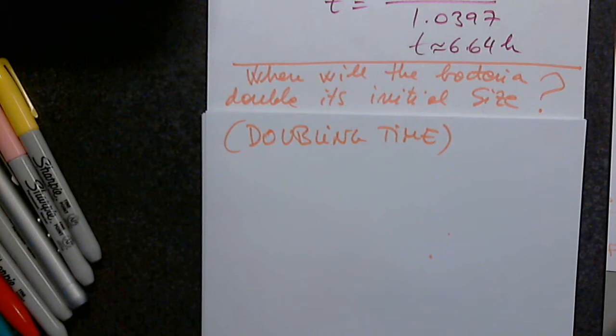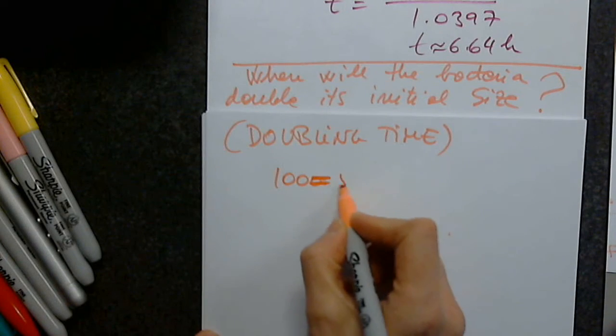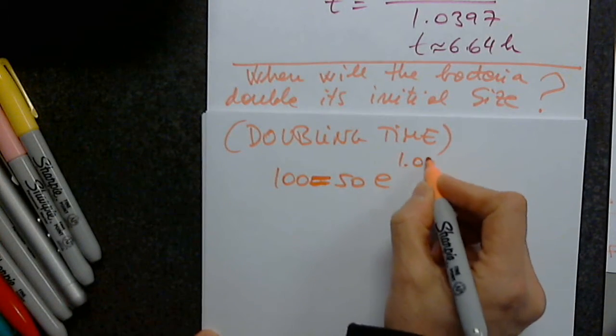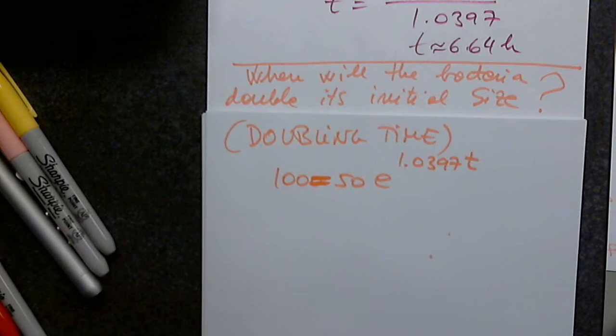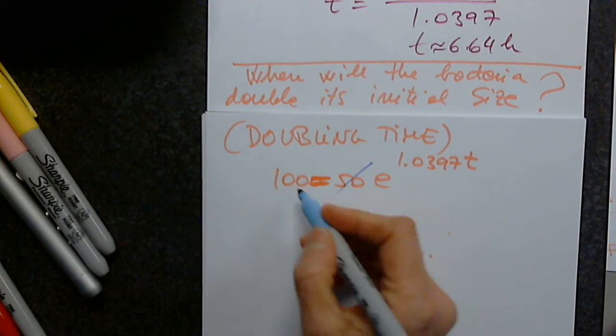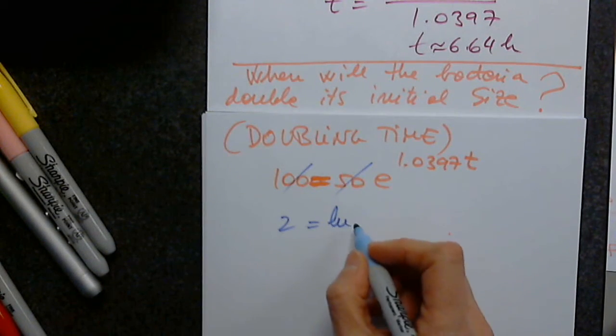You just do 100 equals 50 times e to the 1.0397 t. Exactly. And then, yes, absolutely, I have to divide by 50.